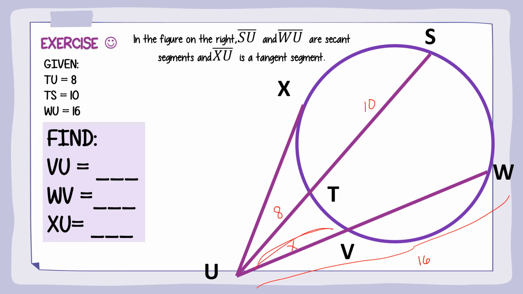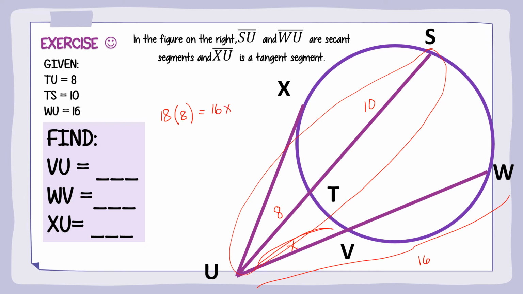Halimbawa, X na lang muna. Ano ang pwede natin gamitin? Yes, we can use the secant. Okay, according to the secant, isang buo times nasa labas is equal to isang buo times nasa labas. So, ang pwede natin gamitin ay ito, si SU, isang buo, times nasa labas is equal to isang buo ng isa times nasa labas.